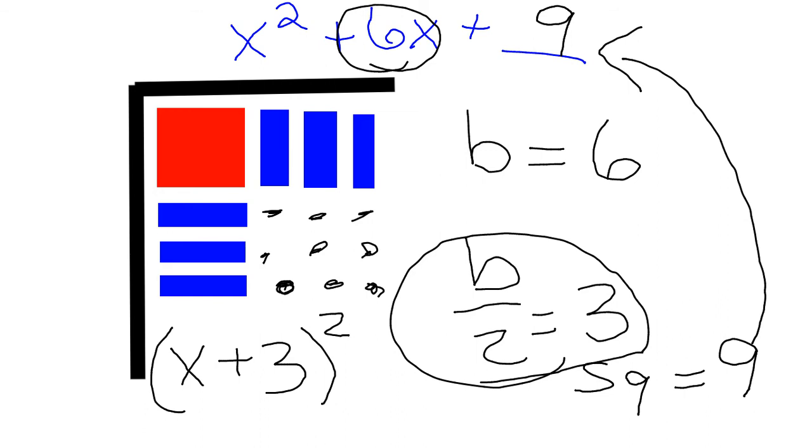This here, the x plus 3 quantity squared, is the same thing as x squared plus 6x plus 9. If you remember special case trinomials, whether multiplying or factoring, that's where this is going to come in handy. So again, x plus 3 quantity squared is the same thing as x squared plus 6x plus 9.